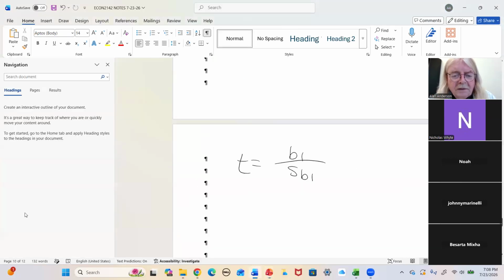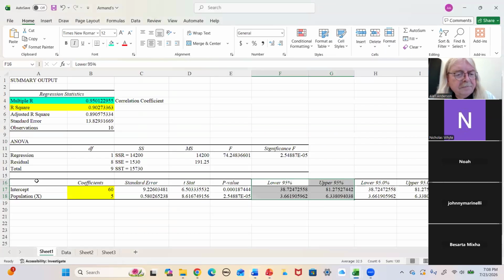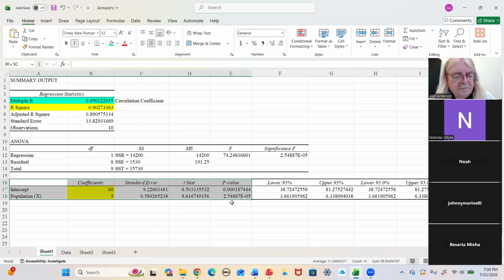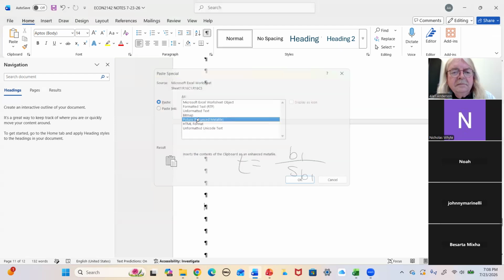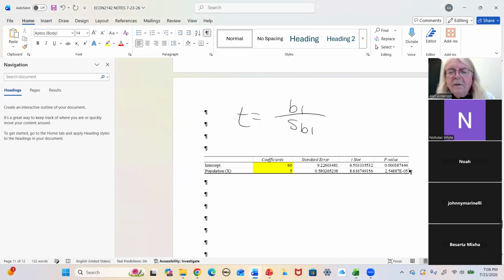So let's come over here to our printout with the data analysis toolpack and see what we can find. By the way, don't forget, this is the slope. So this is B1 and this is B0.